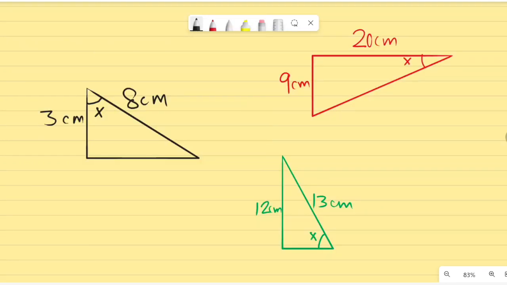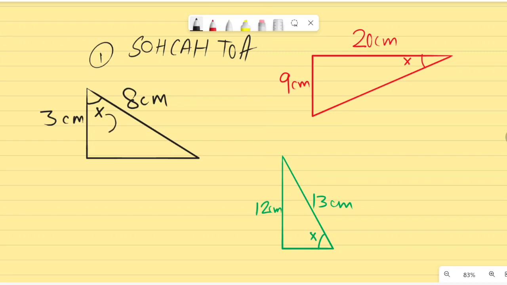Now let's see these three examples which will make it clear how to figure out the missing angle. In the first one, you can see the angle is missing, which is x. They're looking for x. So first of all, we will figure out which ratio to use. So I write here SOHCAHTOA. We have this missing angle and we will see which two sides are given to us.